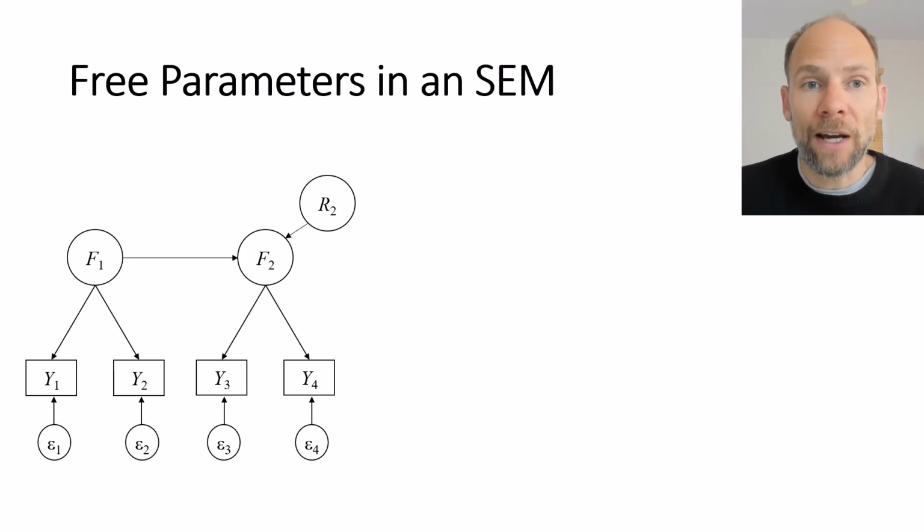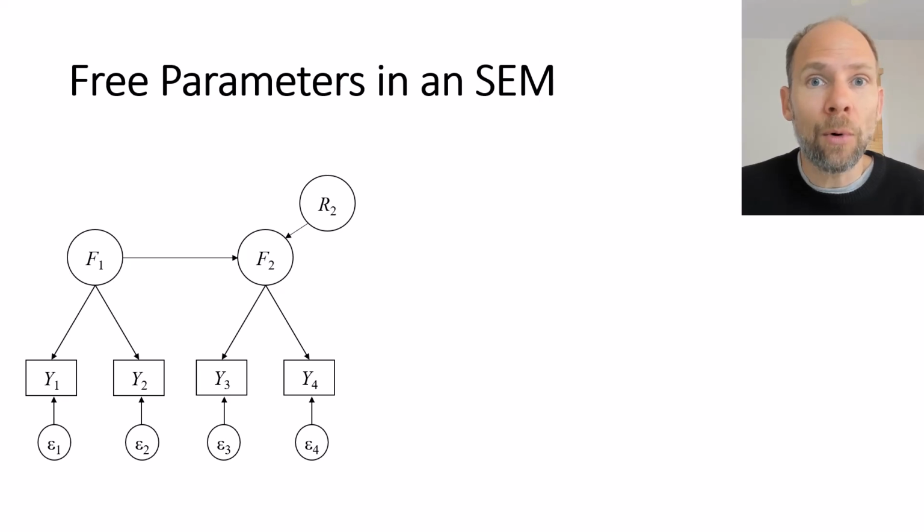And we have 2 factors, f1 and f2. f1 predicts factor f2 in a latent regression analysis. And there is a regression residual R2 that indicates variance in F2 that cannot be predicted in a linear regression of F2 on F1. So now what are the free parameters in this structural equation model?